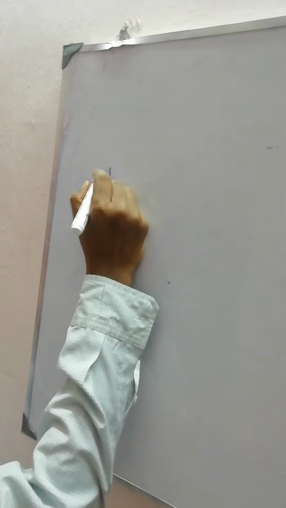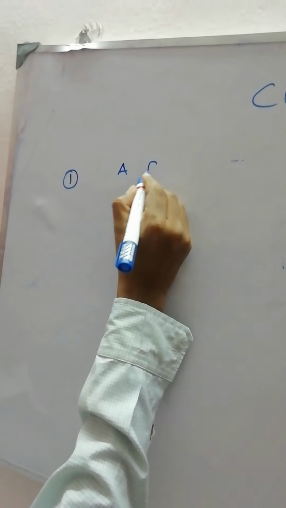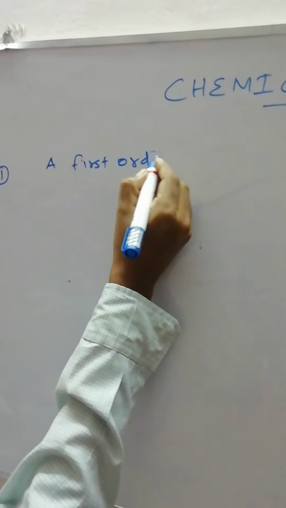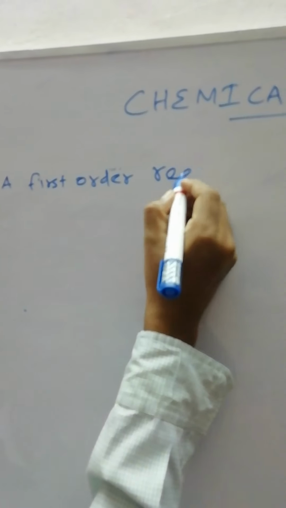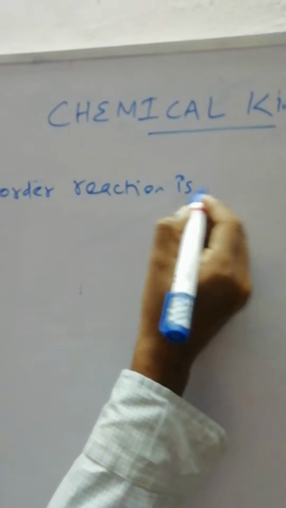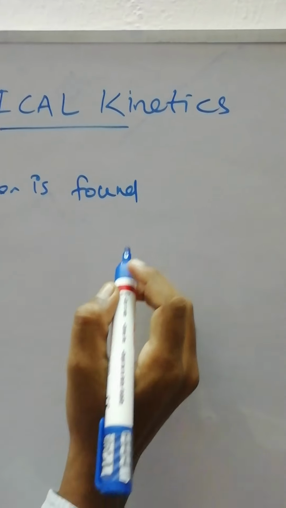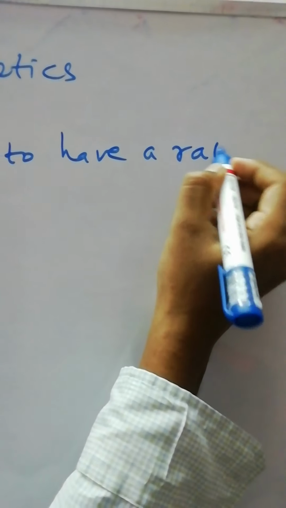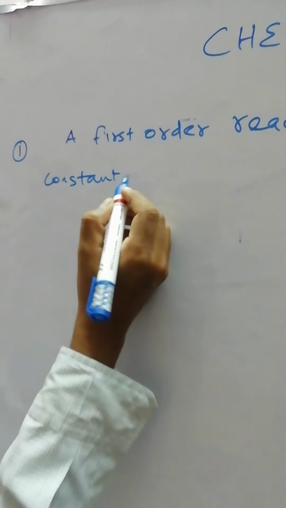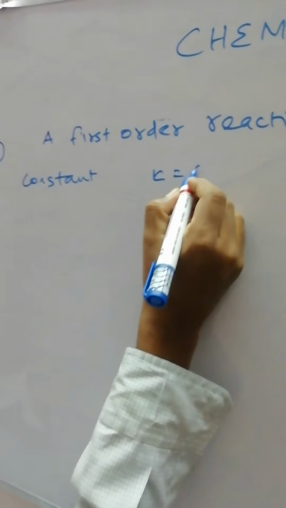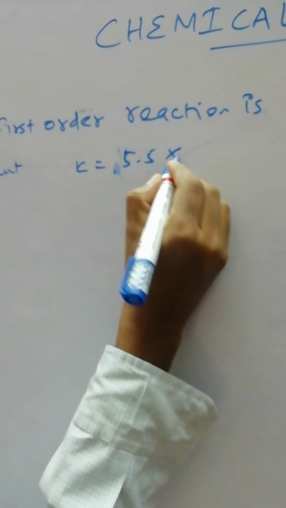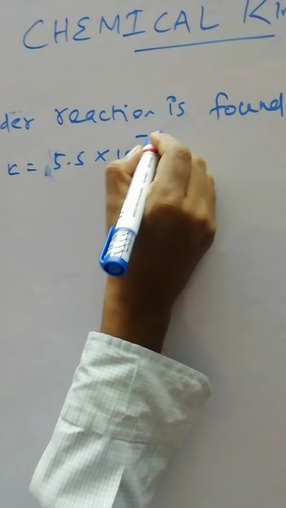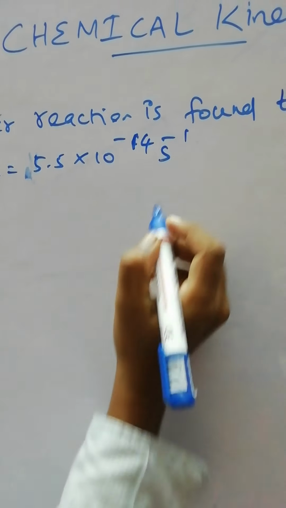Question number 1. Today's first question. A first order reaction is found to have a rate constant of k equal to 5.5 into 10 to the power minus 14 seconds inverse.